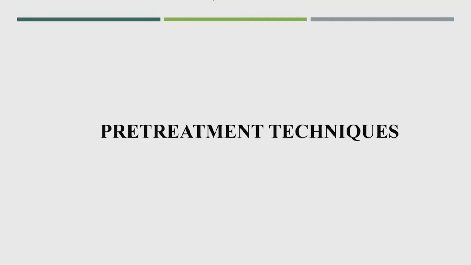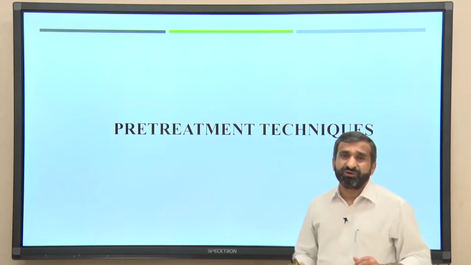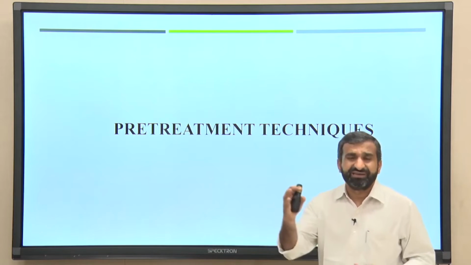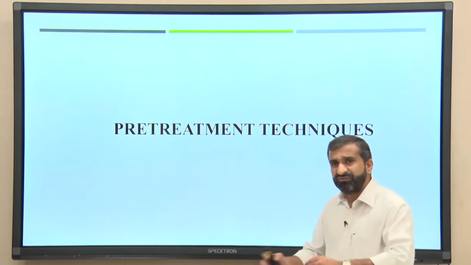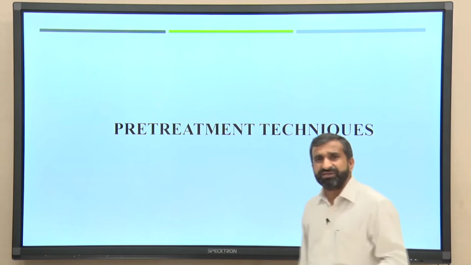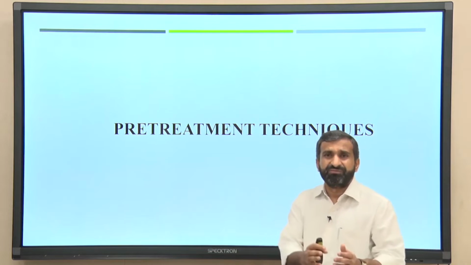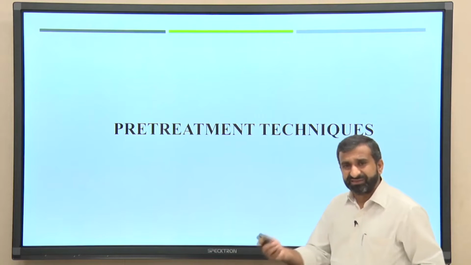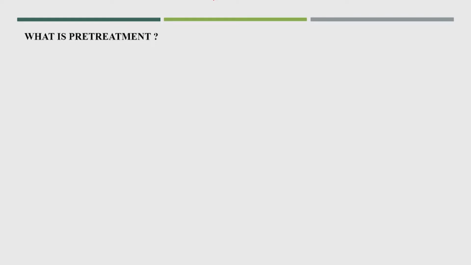First, we will start with the pretreatment techniques: what the benefits of pretreatment are, especially the hydrolysis process, which is the rate limiting stage, and the different ways we can carry out hydrolysis or pretreatment before starting the acid and methane phases in the anaerobic digestion process.